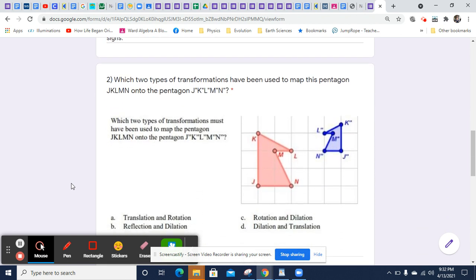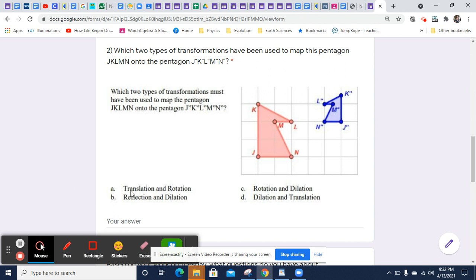Now the next one, we have two transformations being used to map the pentagon JKLMN here, and we're mapping it over here to J double prime, K double prime, L double prime, M double prime, N double prime. So it's the double image of this. So we've done two transformations.